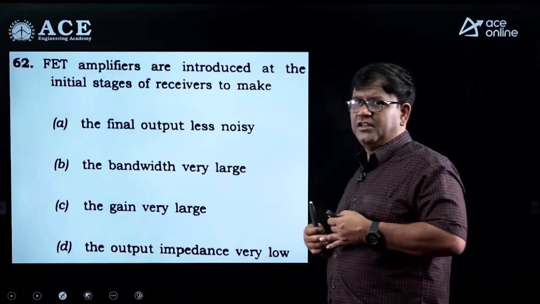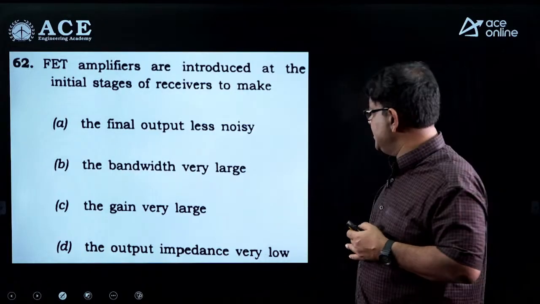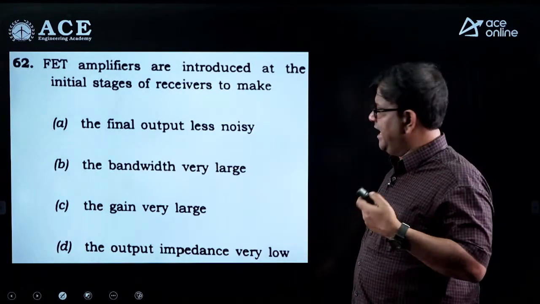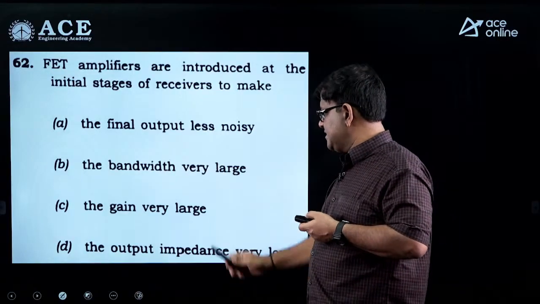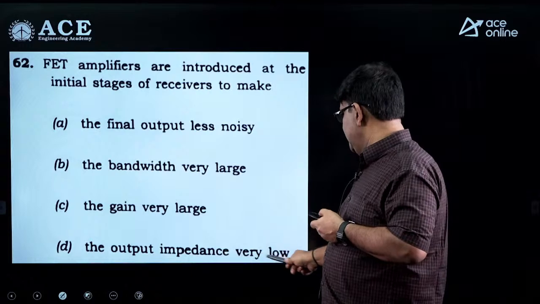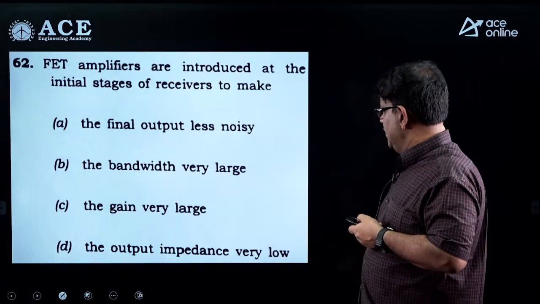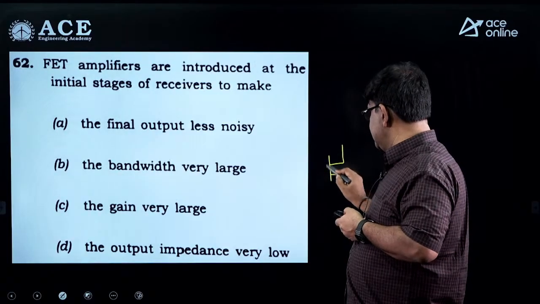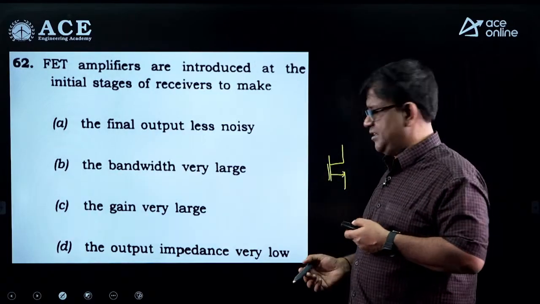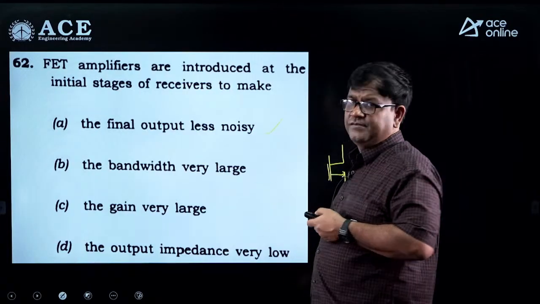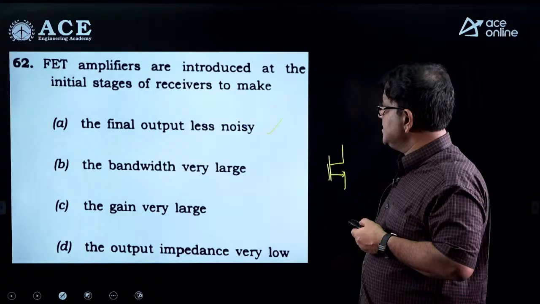Bandwidth all depends on the number of stages and the junction capacitors. Gain is very large? No, BJT has a much larger gain as compared with the FET, so this is also not correct. The output impedance is very low? No, generally if you use a FET, the resistance at the drain can be quite large. So the final output can be less noisy. Option A is the answer.